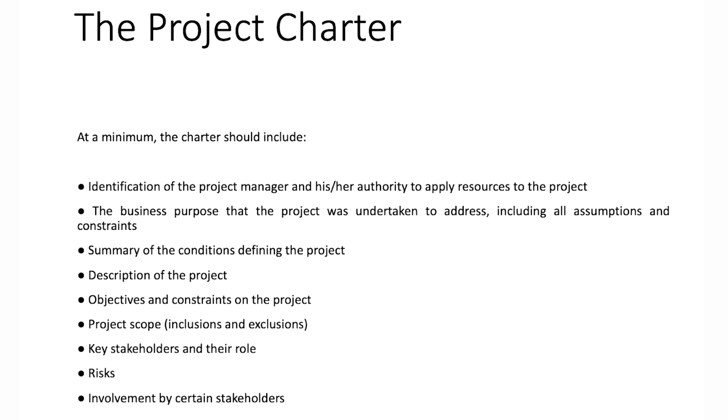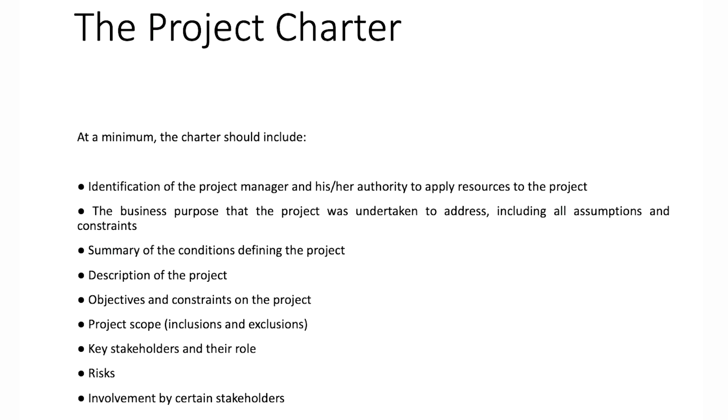So what should a project charter include at the minimum? Yes, identification of the project manager and his or her authority to apply resources to the project, the business purpose that the project was undertaken to address, including all assumptions and constraints. Yes, so probably you want to gain a new market share in a new market or expand the line of your products.